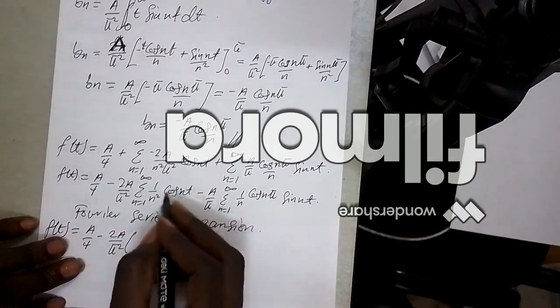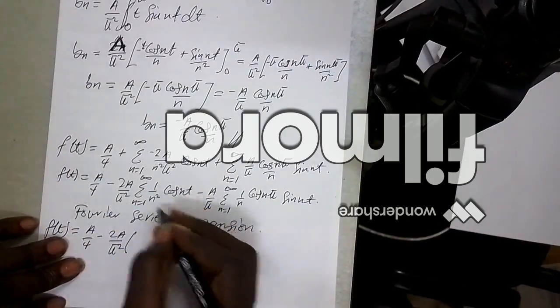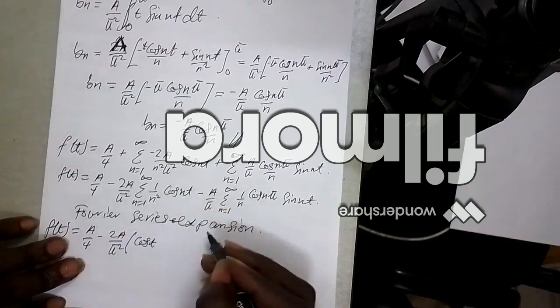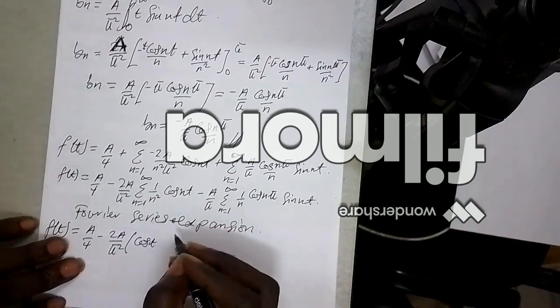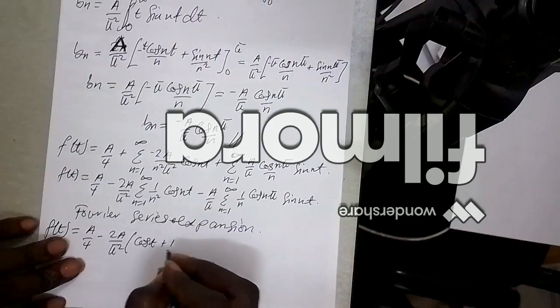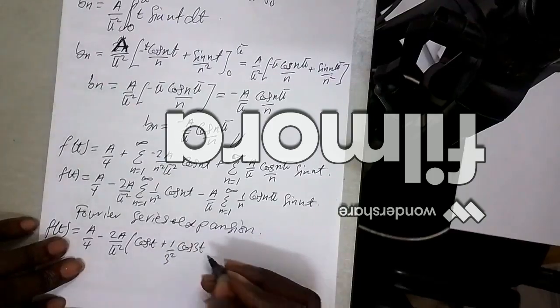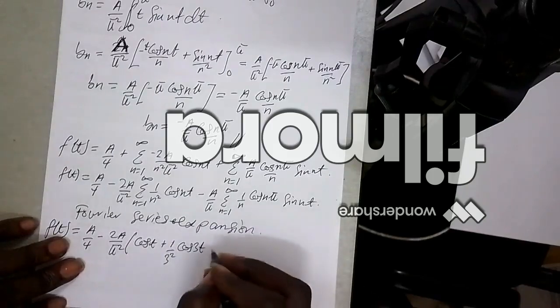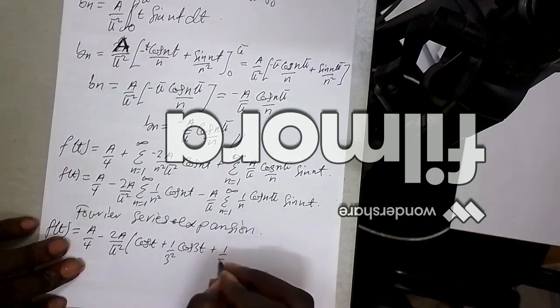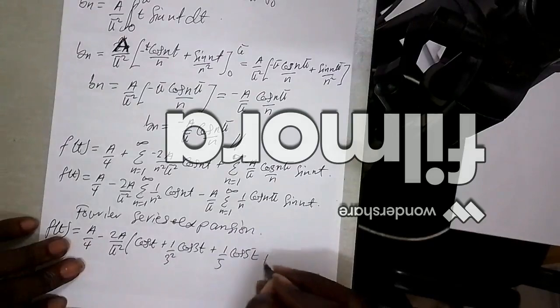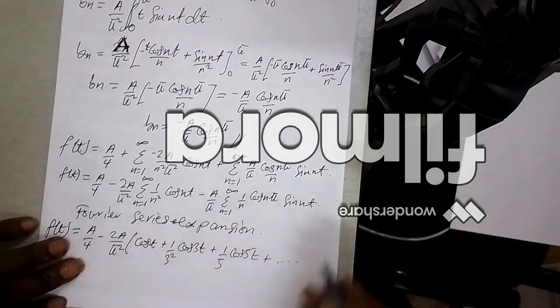So 1, then it will become cos t. Then 3: plus 1 over 3 squared cos 3t. The next one will be 1 over 5 squared cos 5t, plus, and it will go on and on.